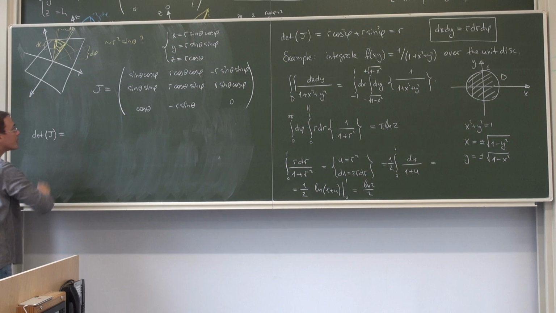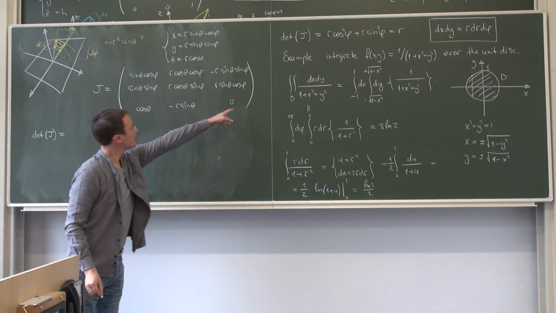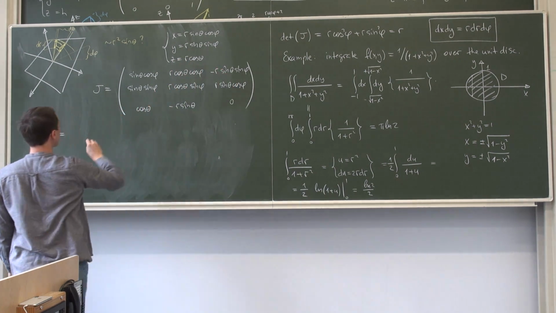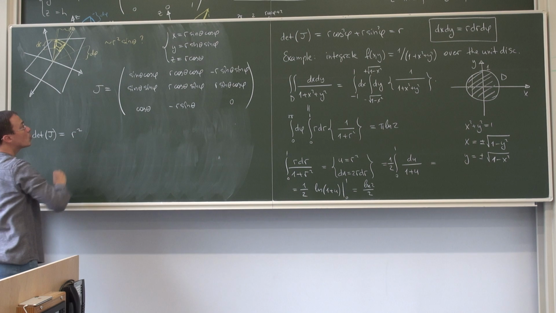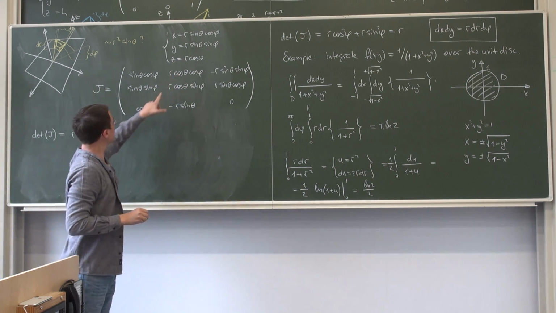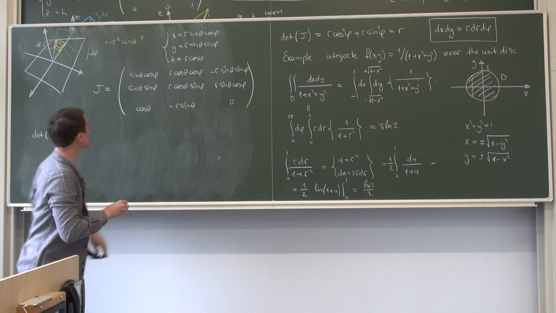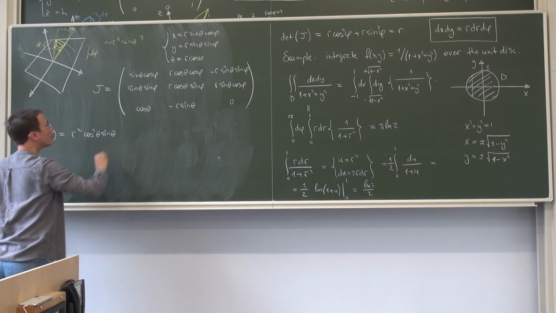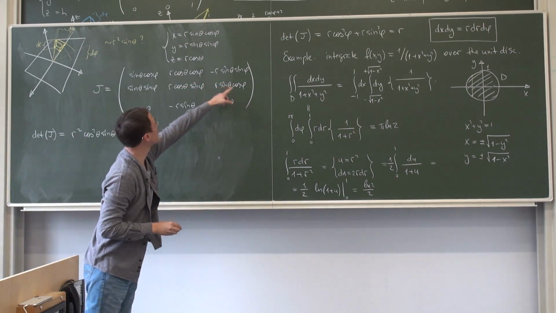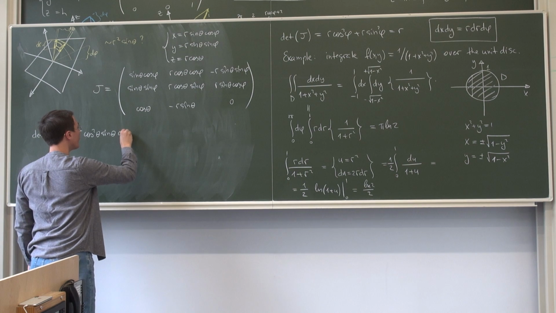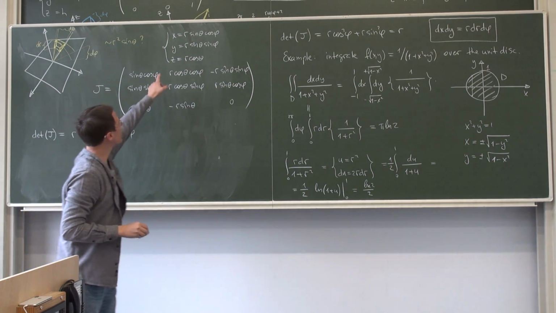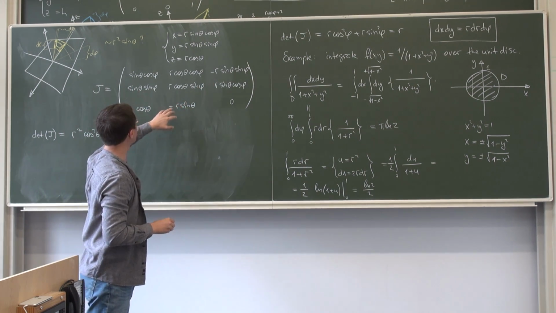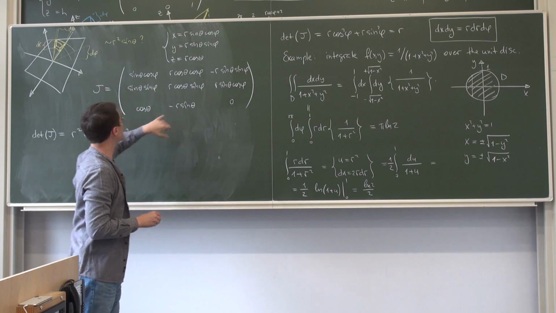Determinant of the Jacobian is. That is 0. We have a product of this, this, and this. We have r squared cosine squared theta sine theta, and then cosine squared phi. So this is this triangle. The other triangle with a plus remains with a plus because of these two minuses.